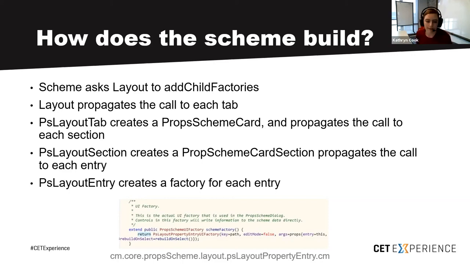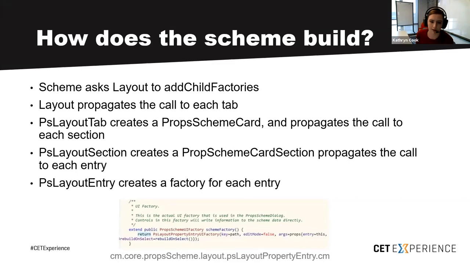The scheme class asks the layout file, says, hey, add all of my child factories. And then the scheme layout propagates that call to each of the tabs, which I showed. So that would be like surfaces or panels or accessories. Each layout tab creates a props scheme card.